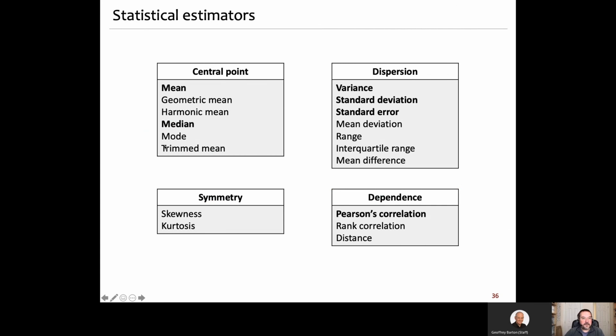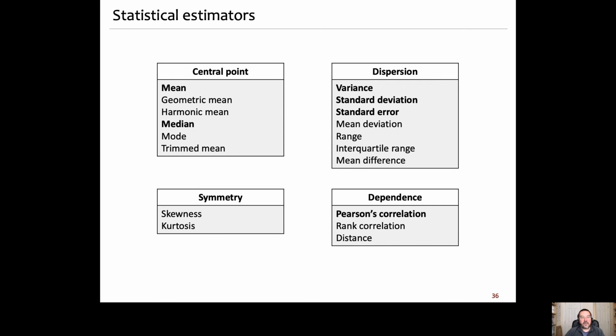And to finish, a summary of statistical estimators I mentioned today. Some of them measure central point of data, like the mean or the median. There are other things like geometric or harmonic mean, mode, trimmed mean, and many others. The measure of dispersion of data is variance, which is just a square of standard deviation.